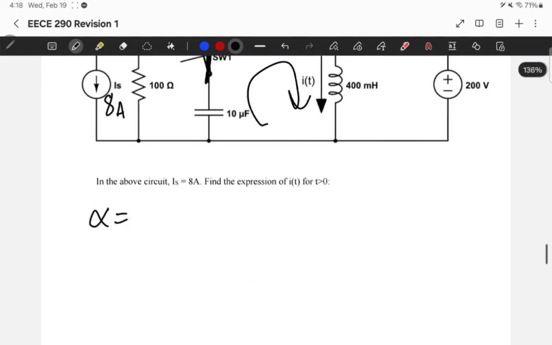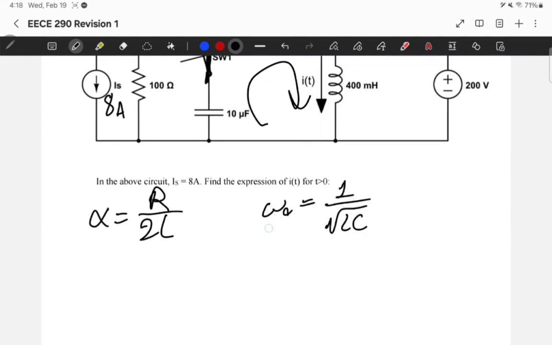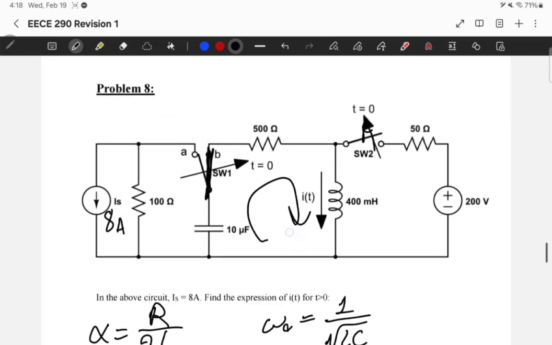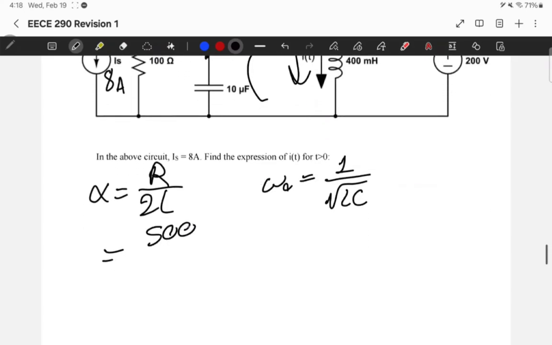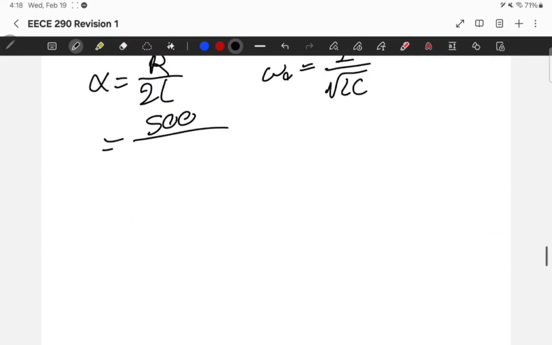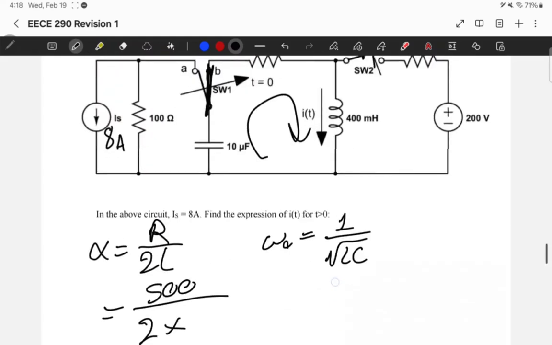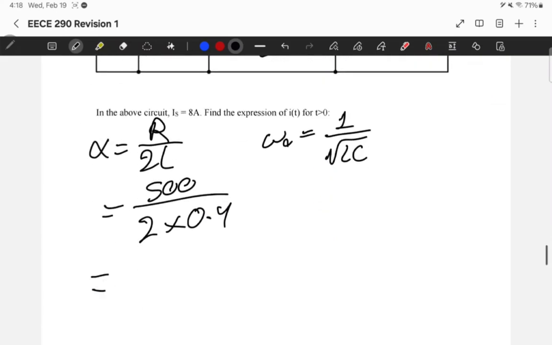So I use the series equation. So alpha is equal to R over 2L, and omega 0 is equal to 1 over square root LC. R over 2L, simply R here is 500, I don't need to do a Thevenin, there is only one resistor. 2 times 400, so 0.4. This will give me 500 over 2 times 0.4, 625.